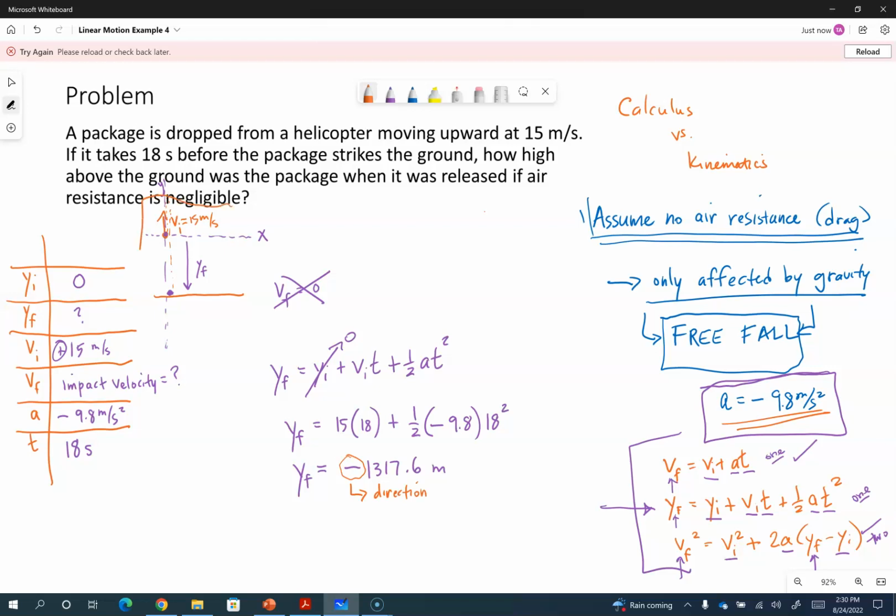So coming back to our rough sketch, having a negative answer totally makes sense because the package ends up below where we put the origin. We put the origin where the package was released. Having a negative answer means it ends up below where it was released.